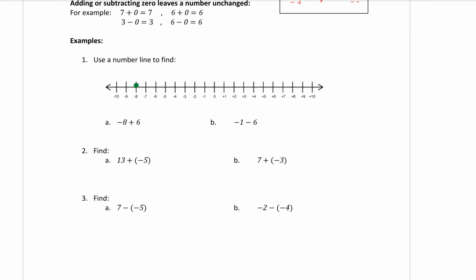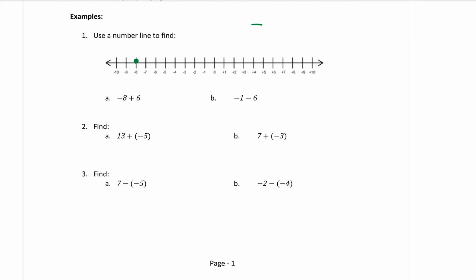Subtracting, we go to the left. So if I'm plussing 6, I go 1, 2, 3, 4, 5, 6, and I end up at negative 2. So you just put equals minus 2.